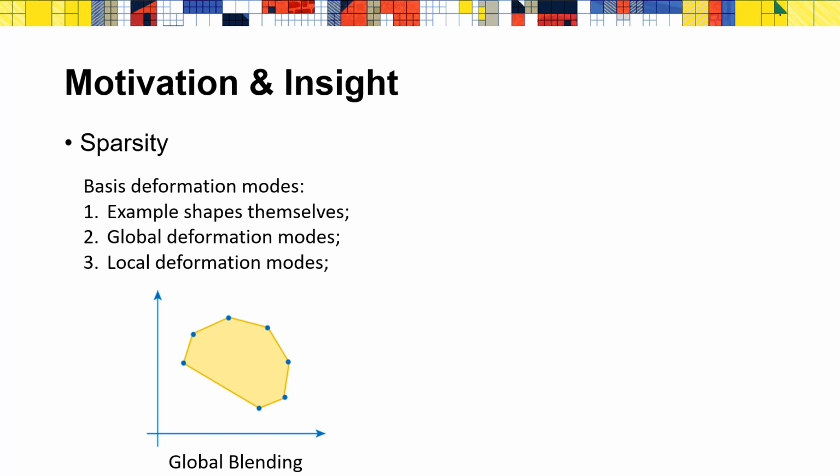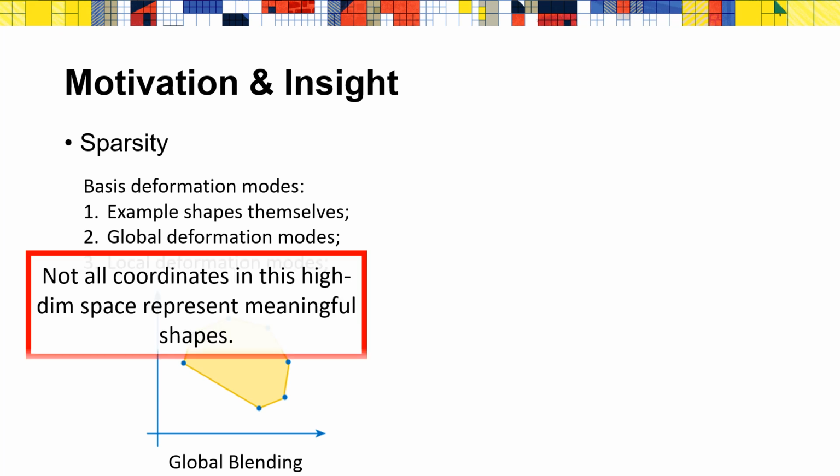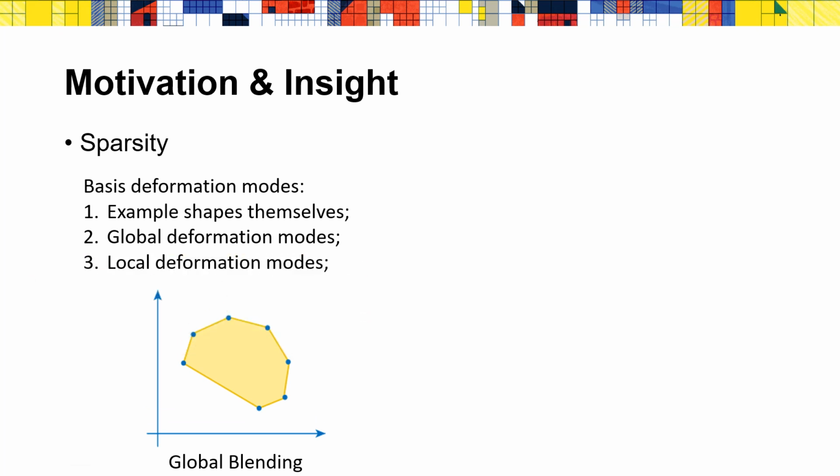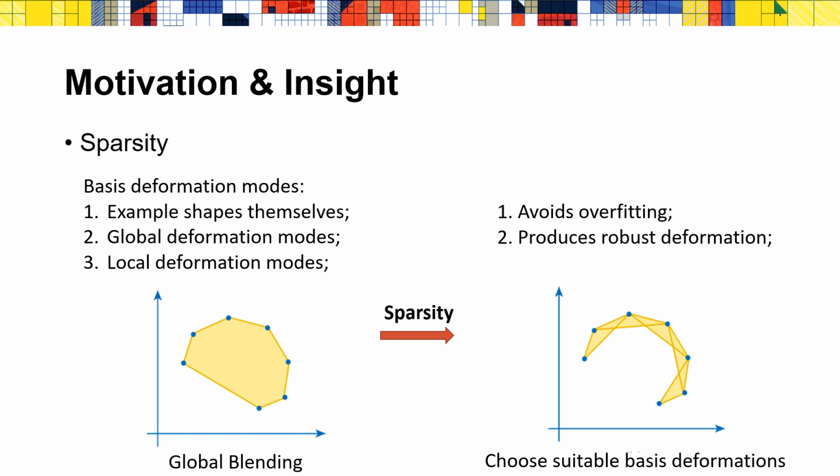However, we know that not all of the yellow area has meaningful shapes. So the key idea here is that we want to use some sparsity to find a much tighter and more compact deformation space. The compact deformation space will generate much more reasonable shape deformation.